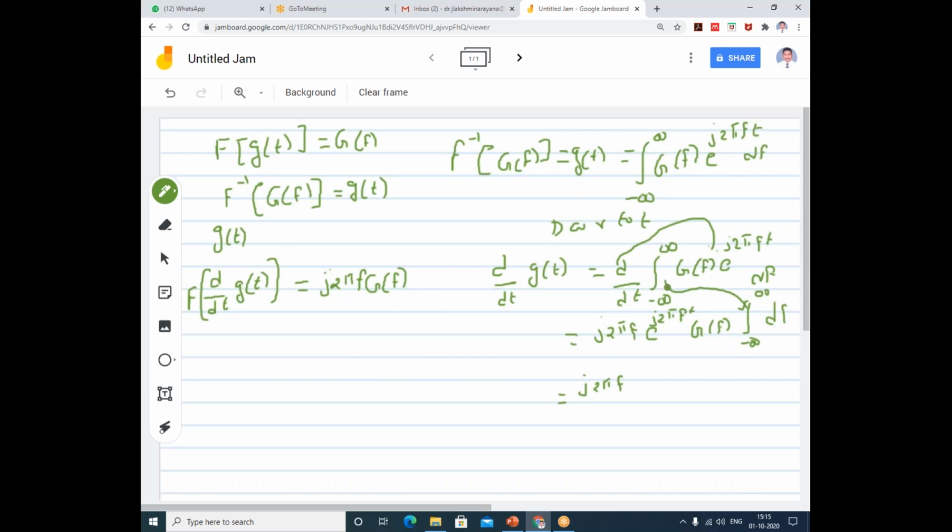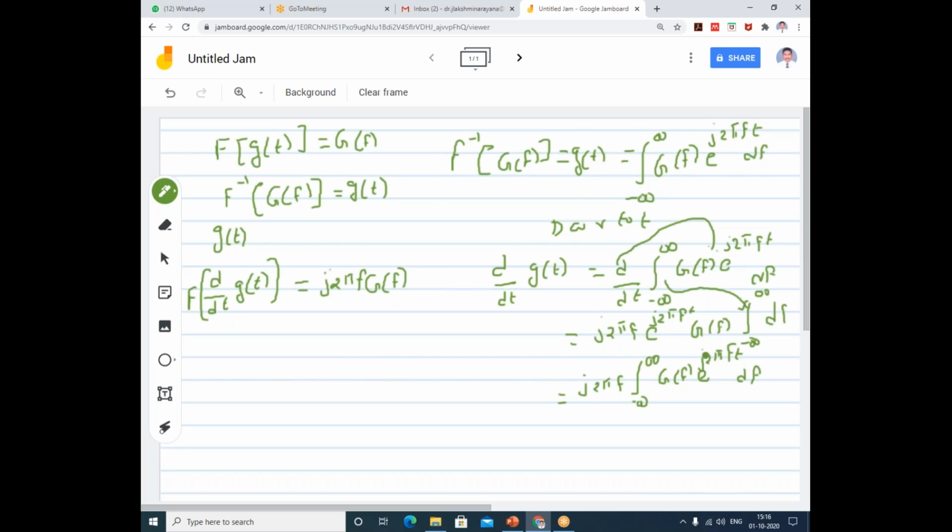Since I am differentiating with respect to t, you treat the rest of the term as constant. So you can write integral minus infinity to plus infinity g of f into e power j 2 pi f t df.